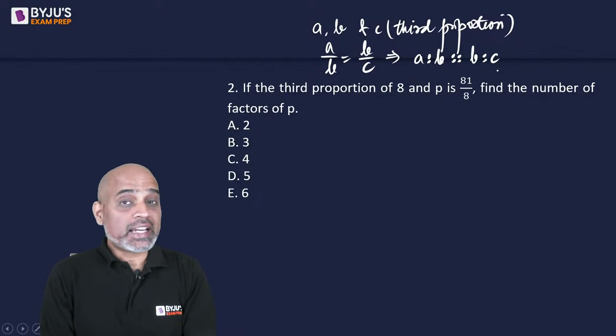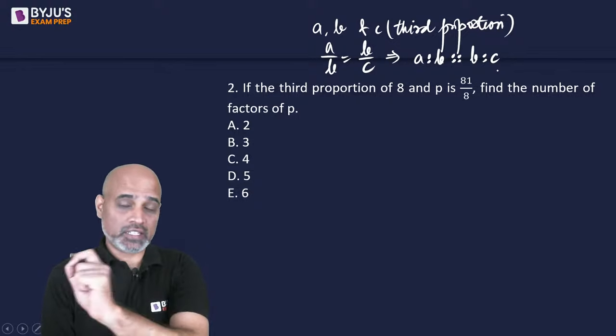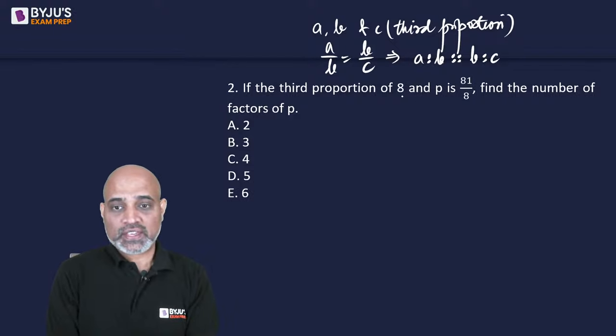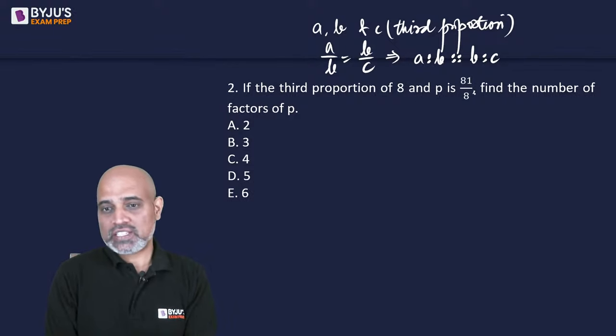B is there the second variable. If it's not the count, but it's the number of variables we have. So going by that logic, 8 and P ka third proportion is 81 by 8. So 8 is A, P is B, 81 by 8 is C.